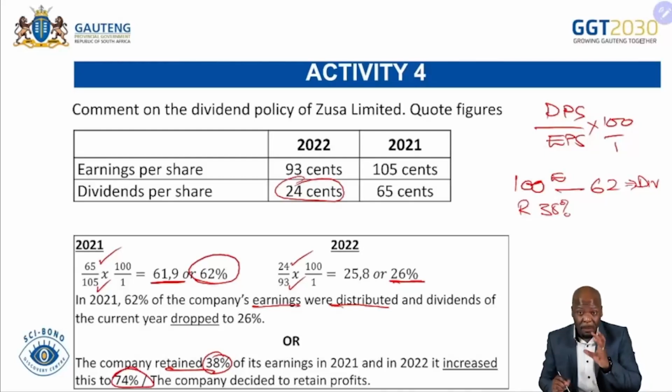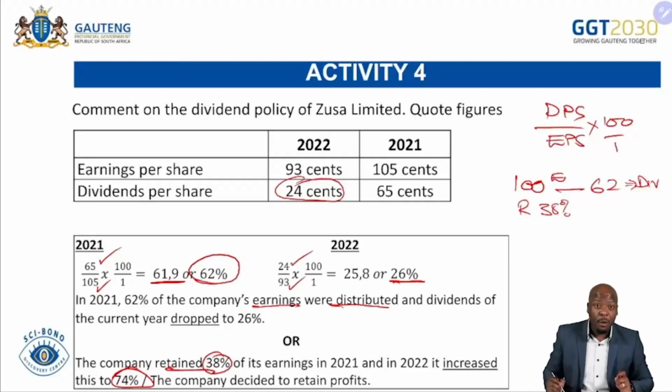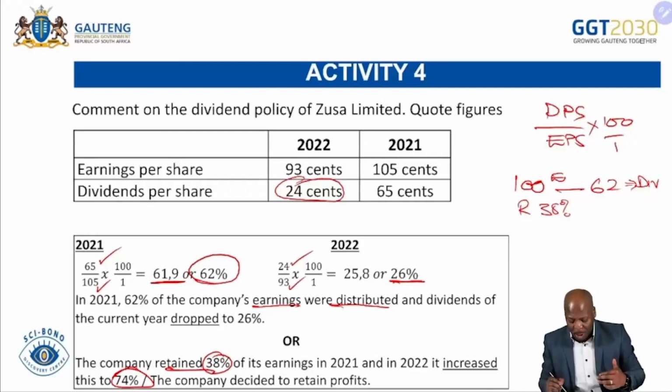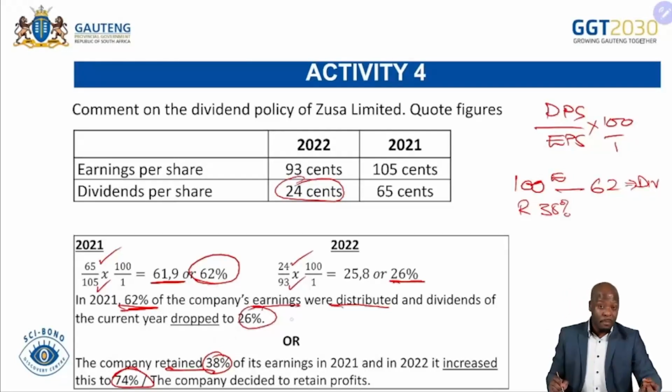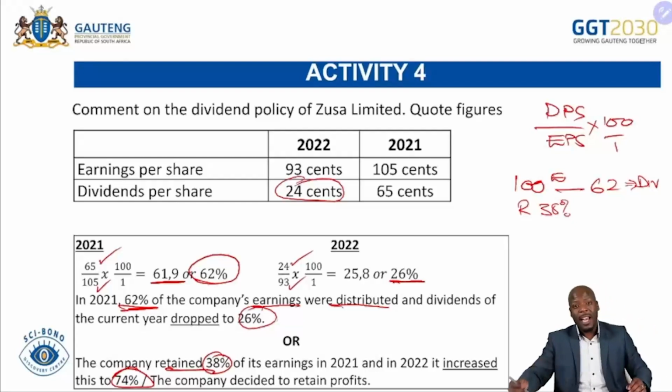Of the 100% earnings the company has made, they distributed only 26% as dividends, and kept the remainder, which is 74%. Comparing 2021 and 2022, in 2021 we gave 62% of our earnings as dividends, but this has decreased in 2022 to only 26%. It could be that we want a safe cash flow position, or we are retaining so that we can expand our operations.